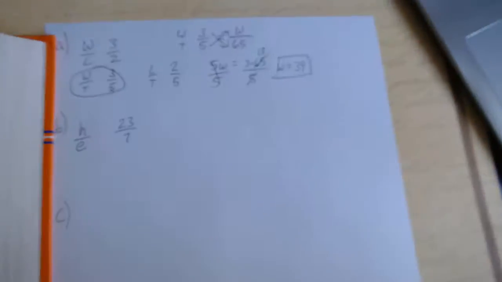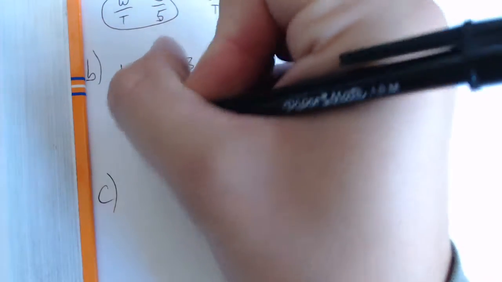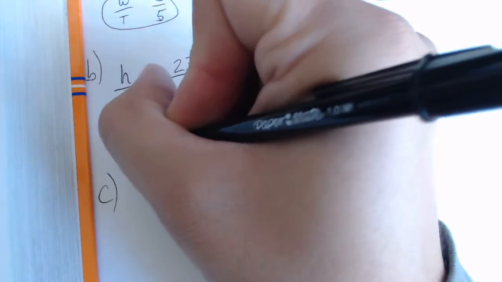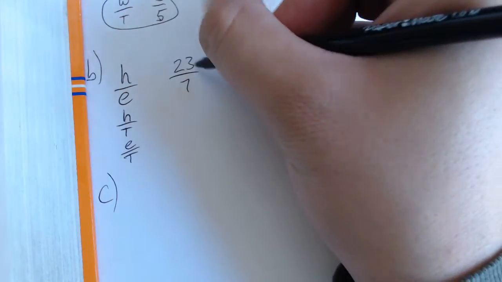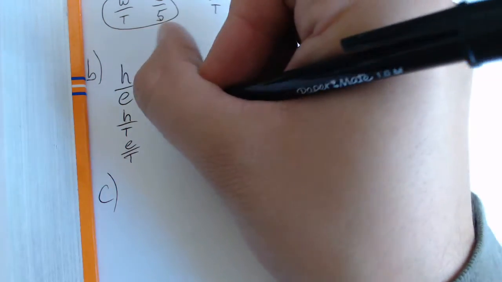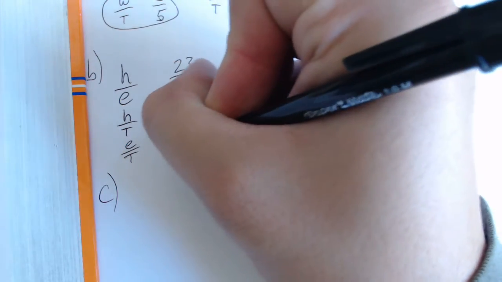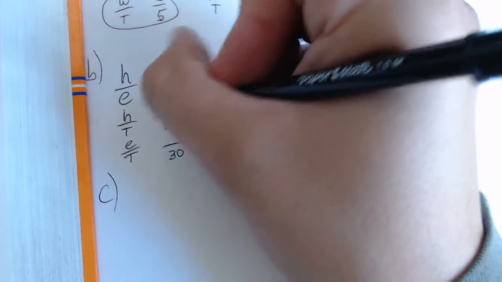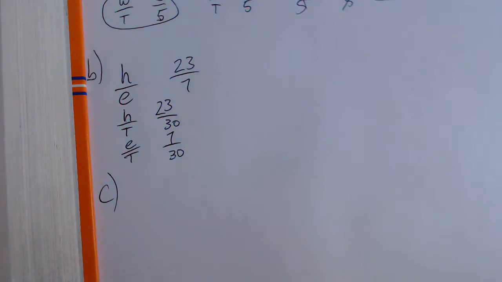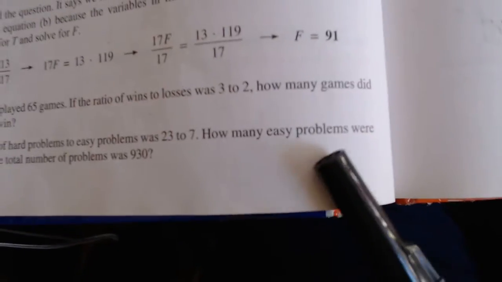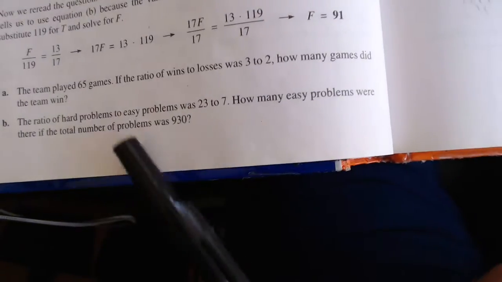So we'll start by writing the three ratios. We'll write hard to total, and then we'll write easy to total. Again, the total number is going to be the parts added together, so the total number is going to be 30. The hard number is 23. The easy number is 7. And the problem says we have to find how many easy problems there were if we're given the total number.